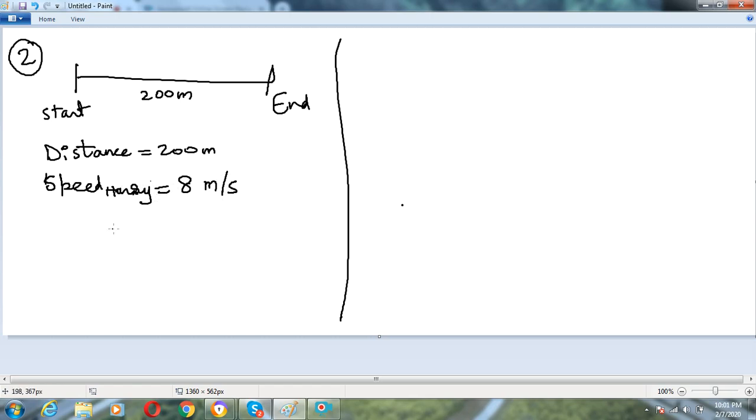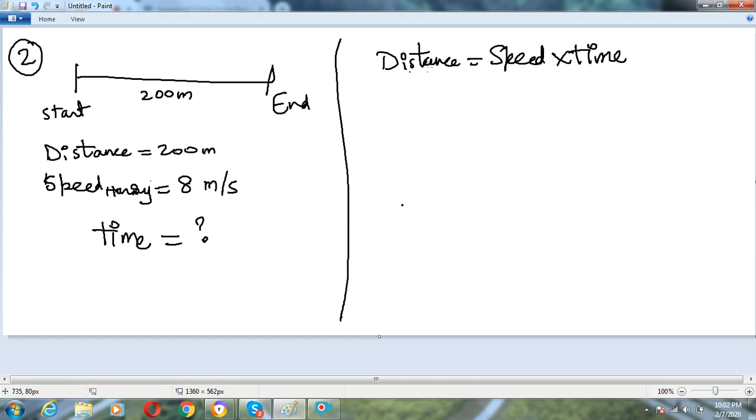So it's simple. First of all, time we have to find. What is the formula? We know the formula, distance equals speed into time. I told you, right? Always remember this formula. Always remember distance will come this side.